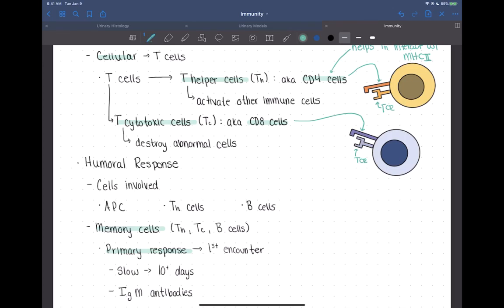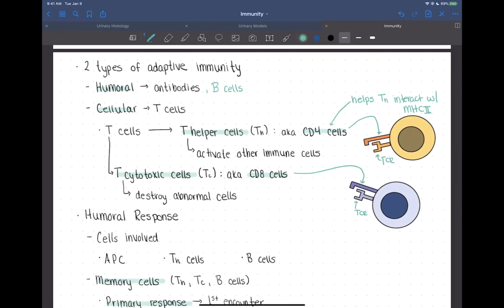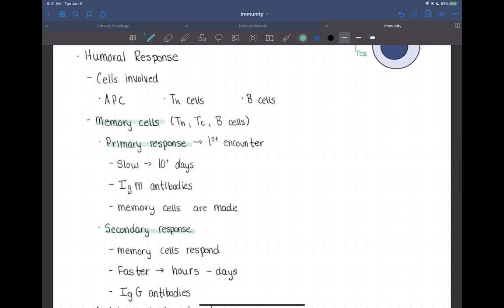All right, so now we've introduced our cells. We have our two branches, humoral and cellular. Let's talk in detail about the humoral response. As we said, the humoral response involves antibodies, which are made by B cells. We're also going to need our antigen presenting cells and our T helper cells to alert that humoral response that there is a problem.